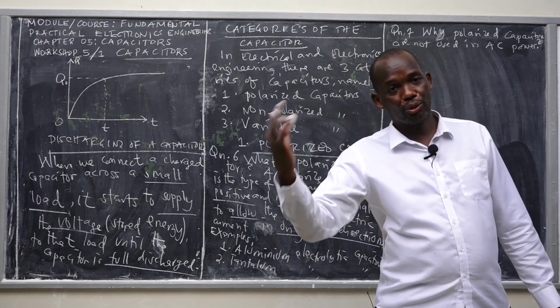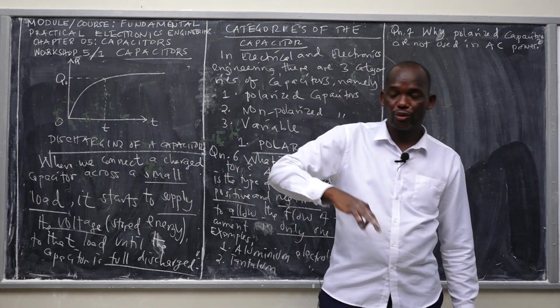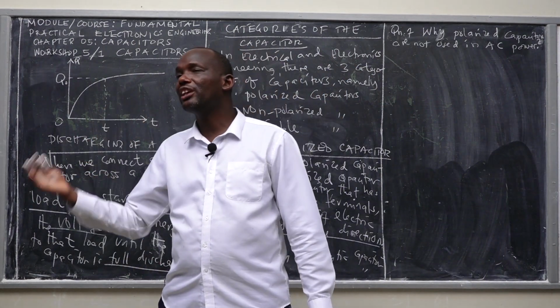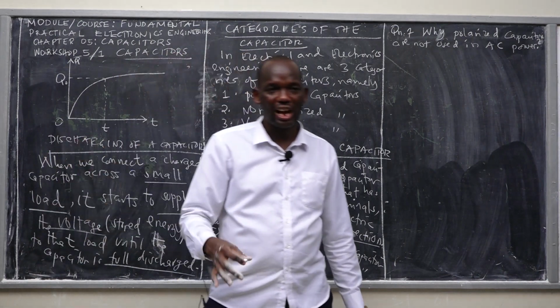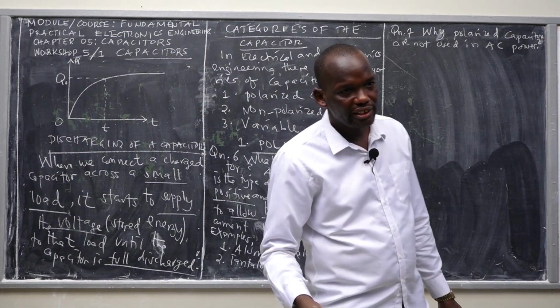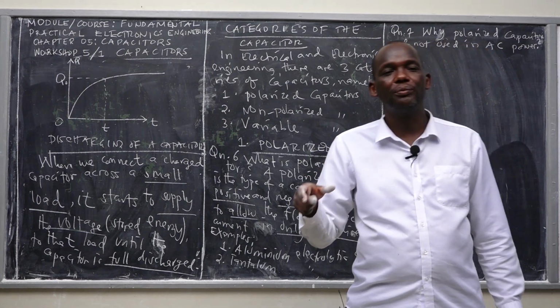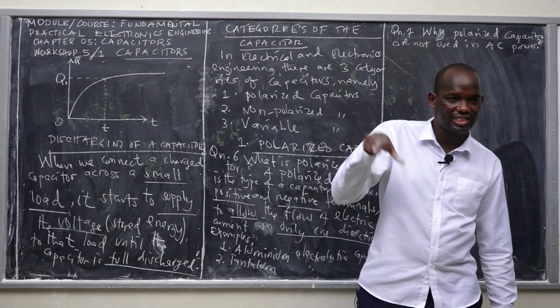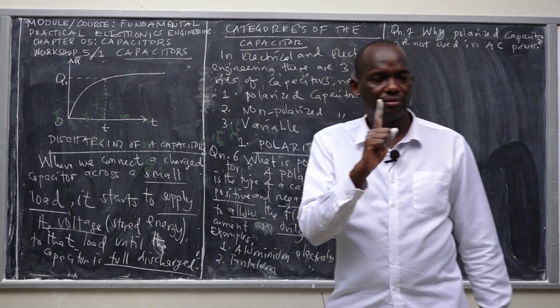It has a half positive cycle and a half negative cycle, and it alternates in just a fraction of a second, because it completes 50 cycles within 1 second. Okay?